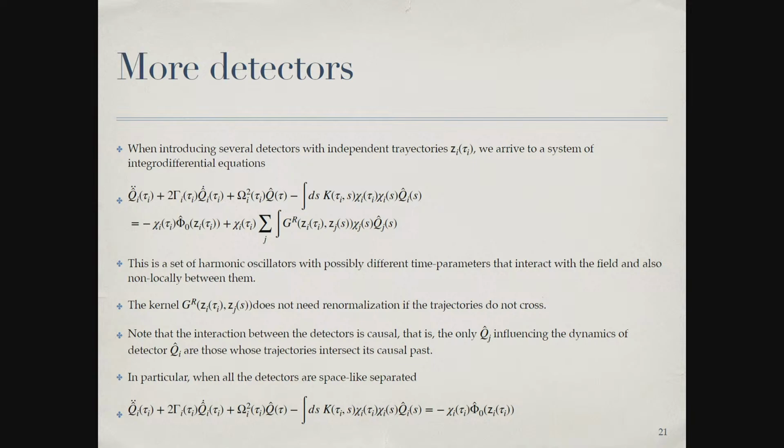We have for each of them a similar source term. And then we have the interaction terms between the detectors. These terms here are the ones that dictate how detectors interact with each other. And basically, you can recognize that this is the linear retarded potential generated by this source acting over the other detector.